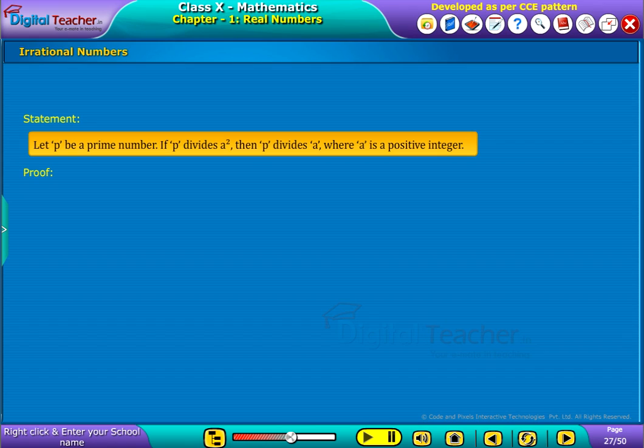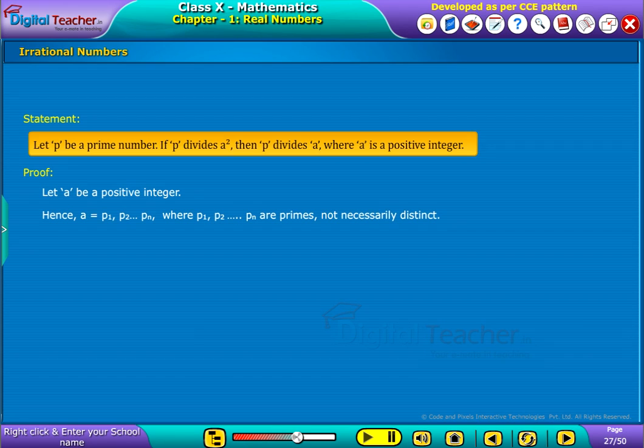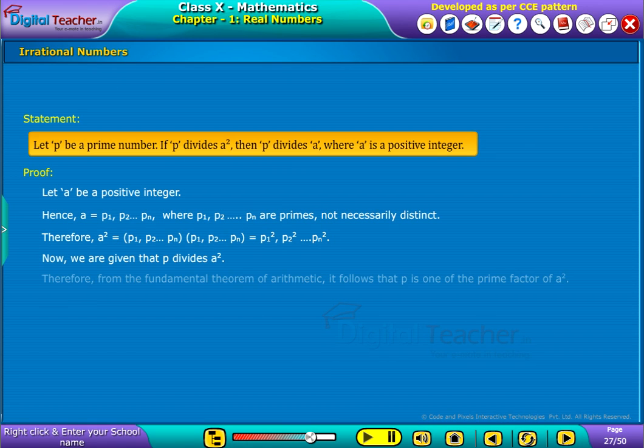The proof of this statement is based on the fundamental theorem of arithmetic. Let a be a positive integer. Hence a is equal to p1, p2 till pn, where p1, p2 till pn are primes, not necessarily distinct. Therefore, a square is written as shown on screen. Now, we are given that p divides a square.